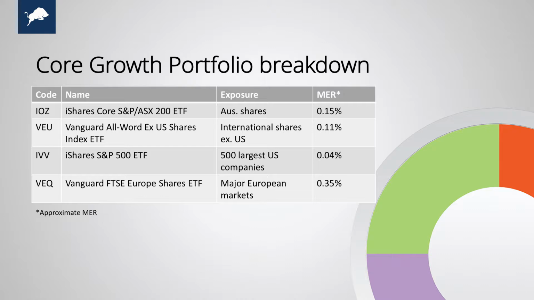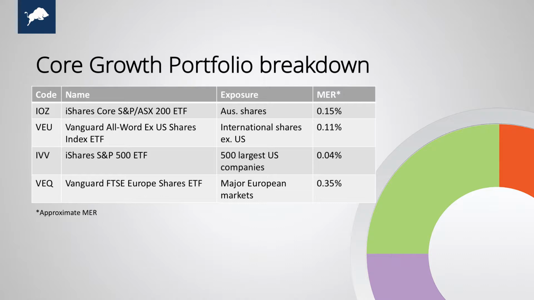When you go through here, you'll see a number of names consistently popping up, being iShares and Vanguard. They are some of the biggest here in Australia, and therefore also the cheapest at operating these exchange traded funds. So we've got the Vanguard All World ex-US shares index. We've got the iShares S&P 500 exchange traded fund as well.